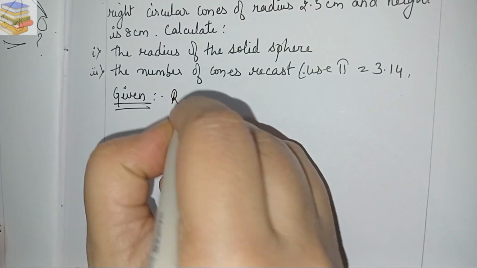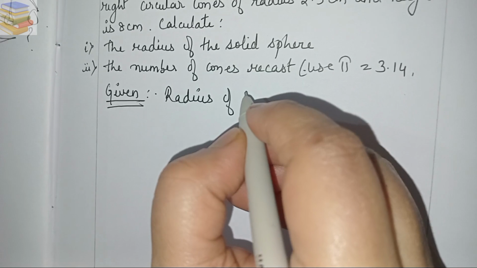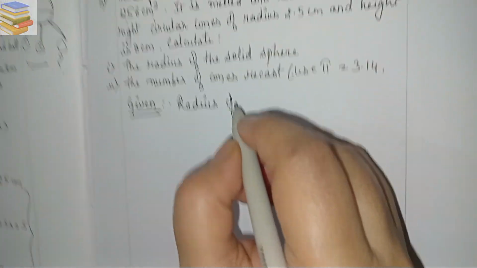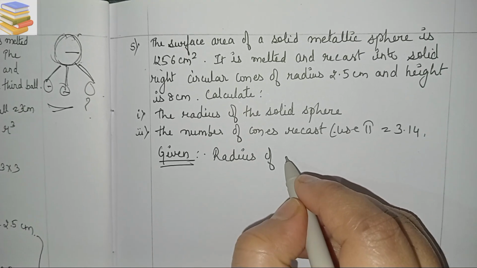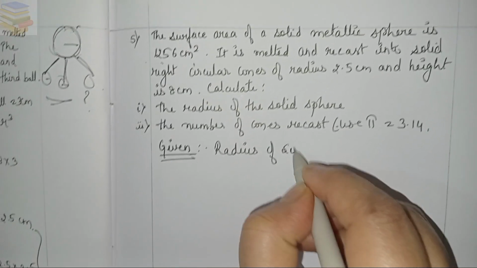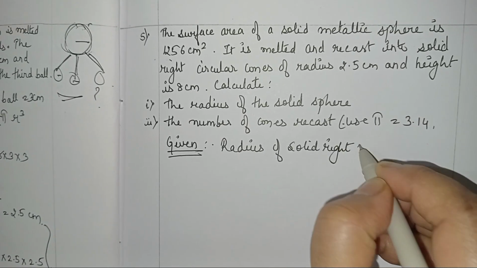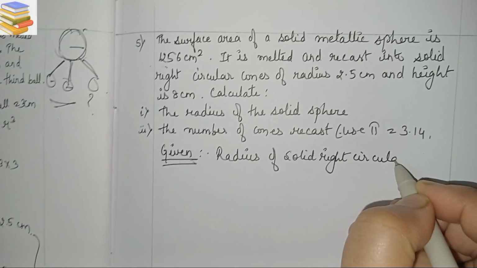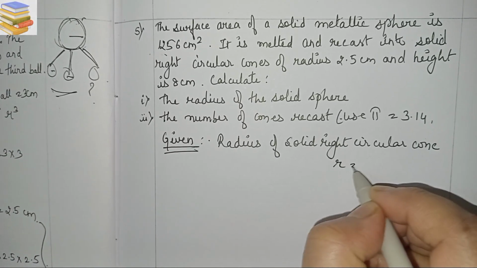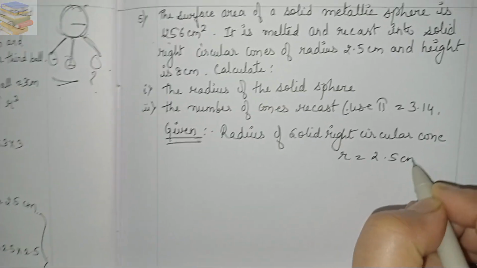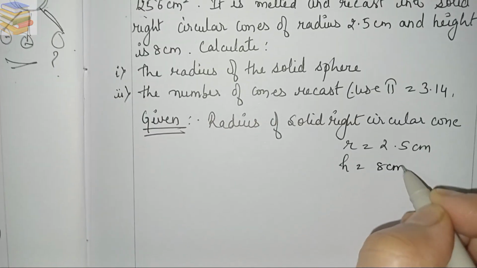Given the radius of the solid right circular cone, r is equal to 2.5 centimeters and height is equal to 8 centimeters.